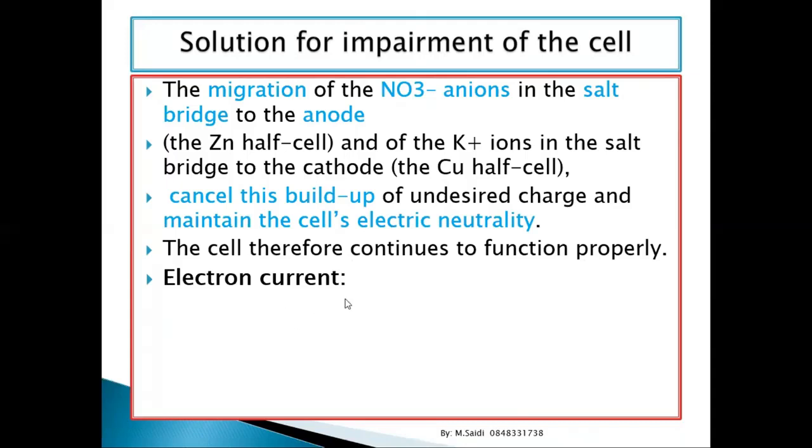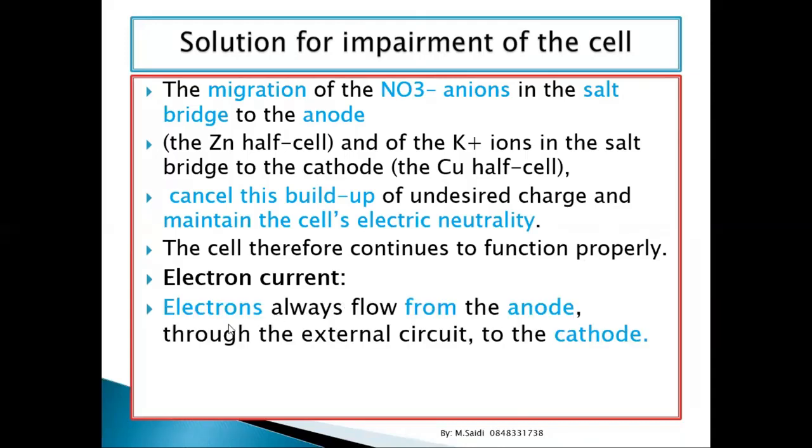Electron current. Let's look at it now. Electrons are always moving from the anode, from the negative terminal to the positive terminal, from zinc terminal to copper terminal, through an external circuit to the cathode. So it moves from the anode, zinc, to the cathode, which is copper.